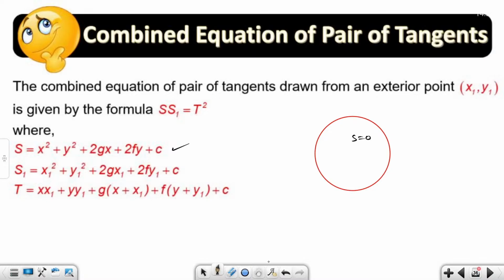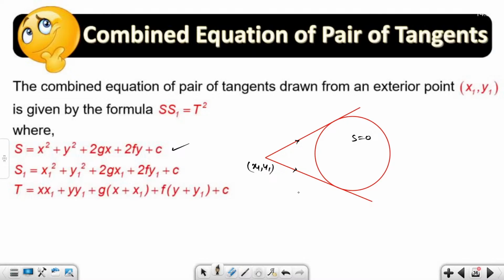Now, we are drawing 2 tangents from an external point. Let us say this is one tangent and this is another tangent. Now, we know how to find out the equation of these tangents. If the external point, let us say x1, y1, is given, we know how to find out this equation because we have already done it.